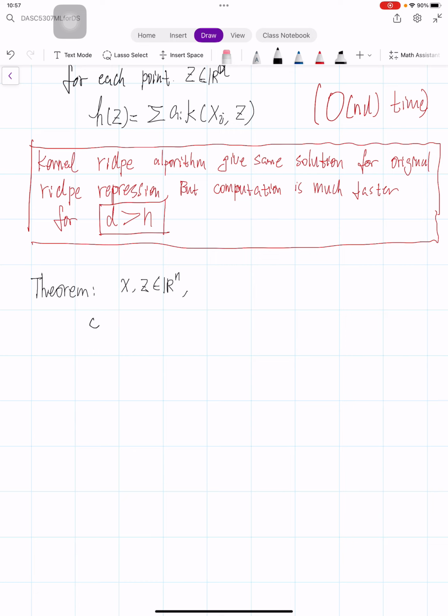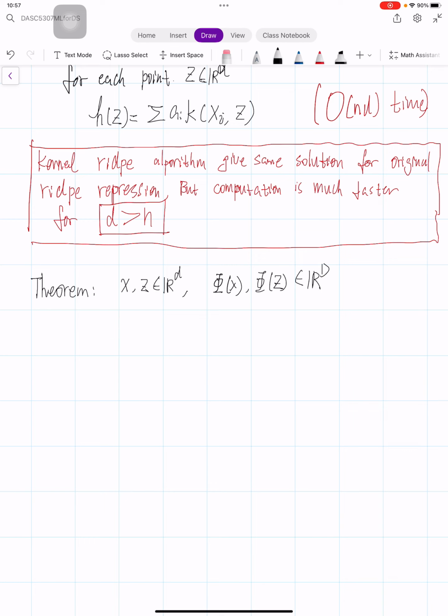So you can think each point is d-dimensional, and you transform it, so phi(x) and phi(z) belong to a huge dimension.